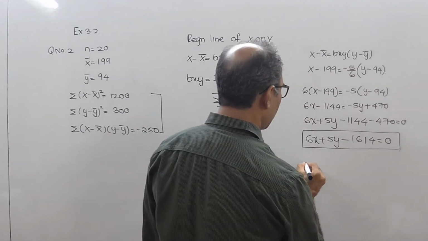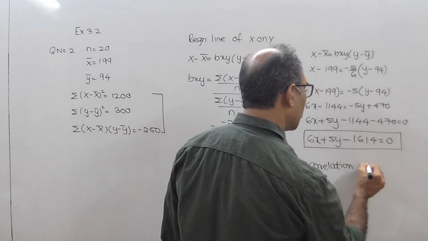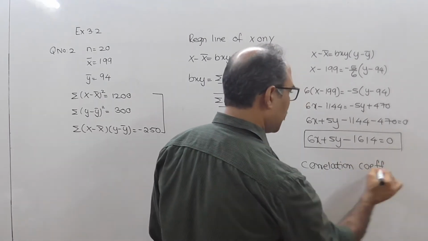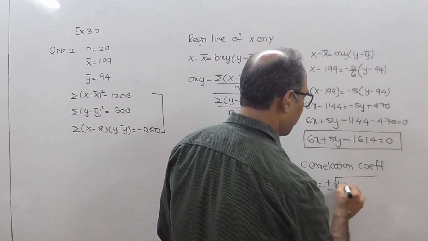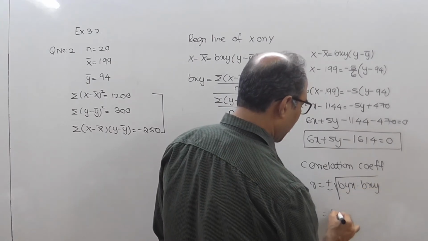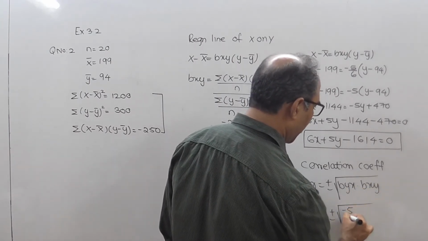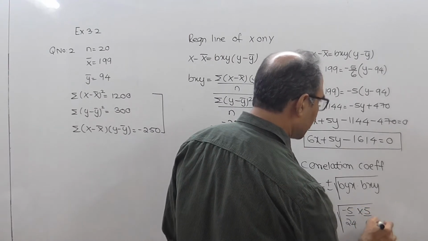The third part is you have to find the correlation coefficient, which is r equal to plus or minus root of byx into bxy. The value for byx we got is minus 5 by 24 and bxy we got is minus 5 by 6.